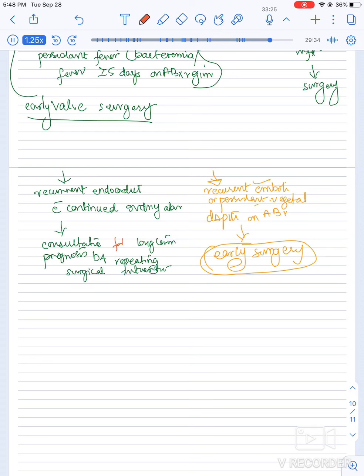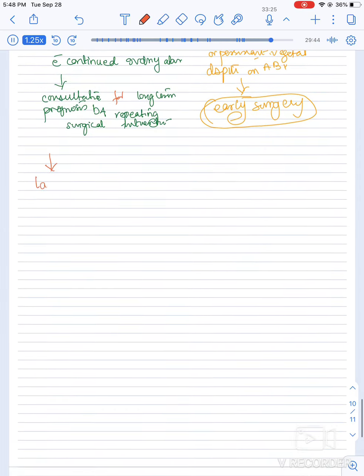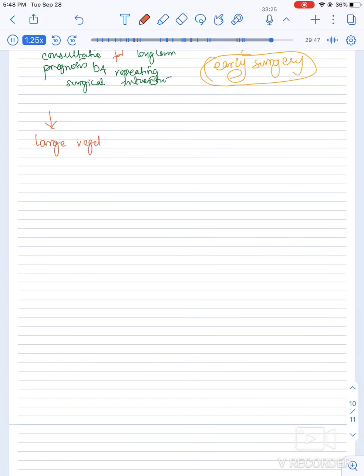And then as far as the weaker recommendations, which include your class 2B recommendation, if the patients have large vegetation, which is greater than 10 millimeters and is mobile, then you can consider early surgery. But just the size itself shouldn't be the reason, so that's why there's a weaker recommendation of 2B.